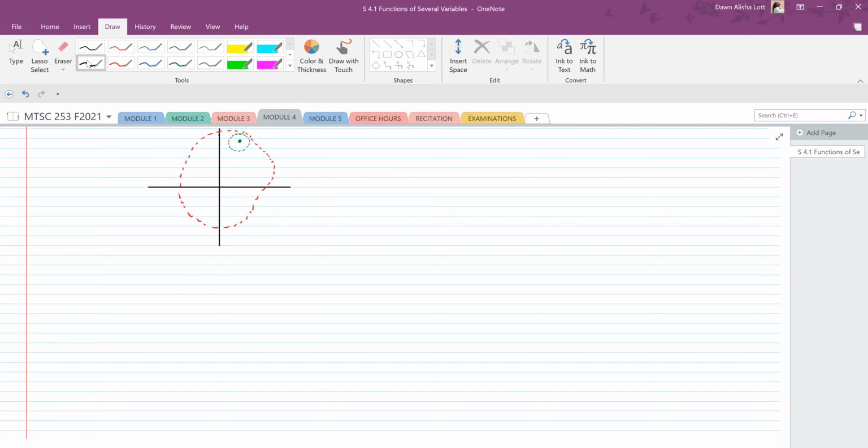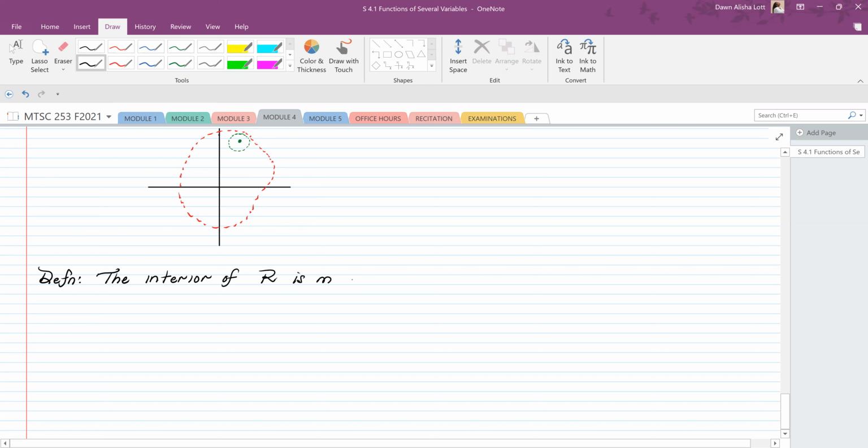The boundary definition, the interior of R is made up of all its interior points.